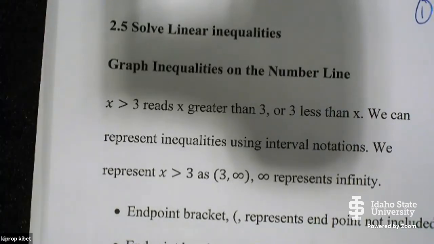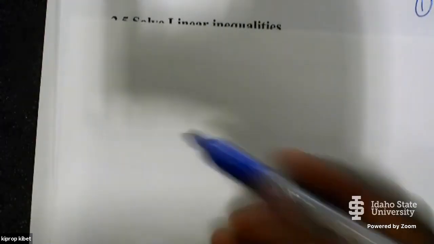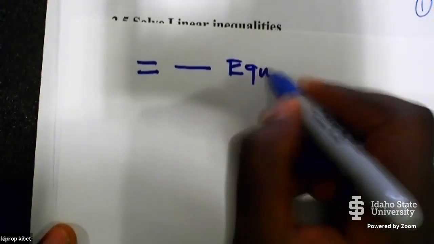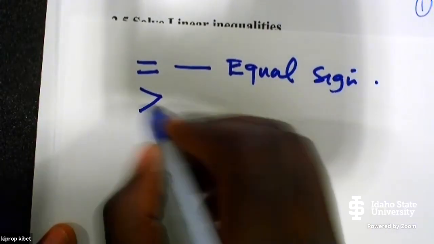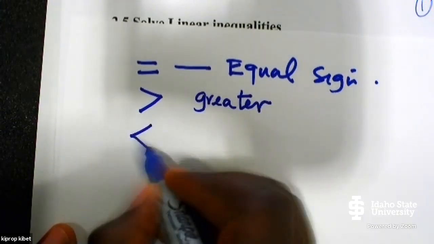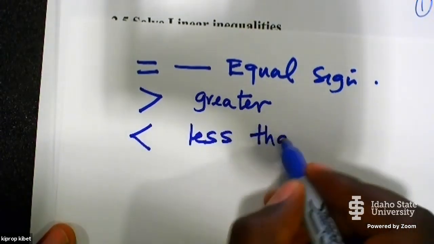So we are going to section 2.5, which is solving linear inequalities. So we always have the inequalities, which are this one, the equal sign. We have this, which is greater than. Then we have this one, which you can say is less than.